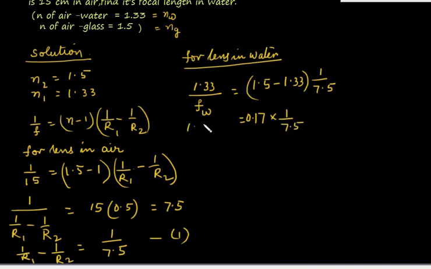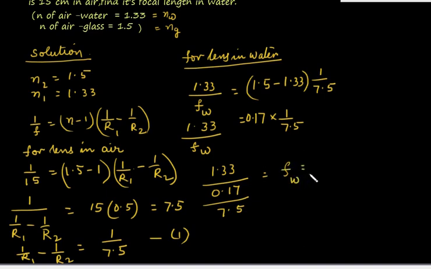On the left hand side you have 1.33 by focal length of the lens in water. On simplification, 1.33 divided by 0.17 by 7.5 is equal to focal length of the lens in water, and this will be equal to 1.33 into 7.5 by 0.17, and on simplification what will be the value? 58.676.